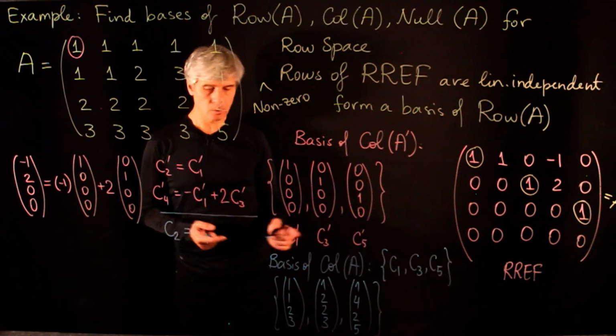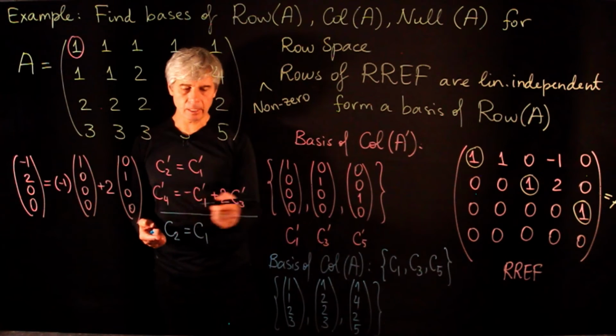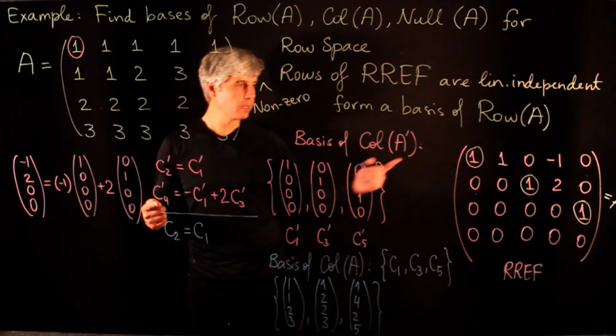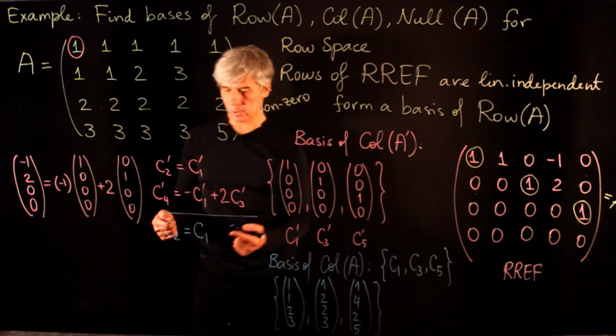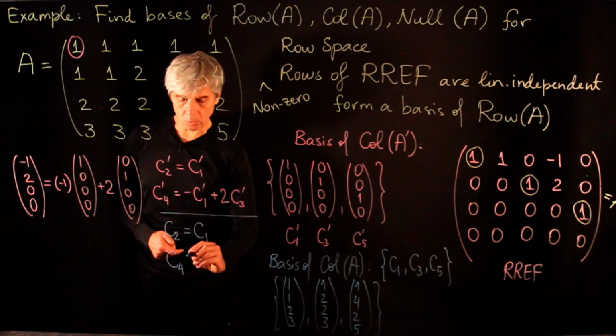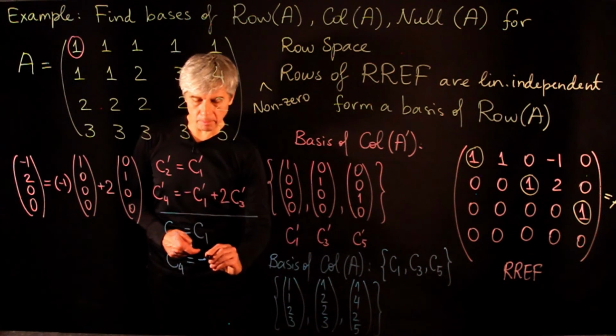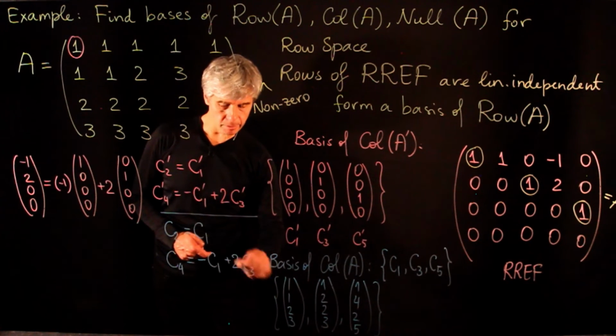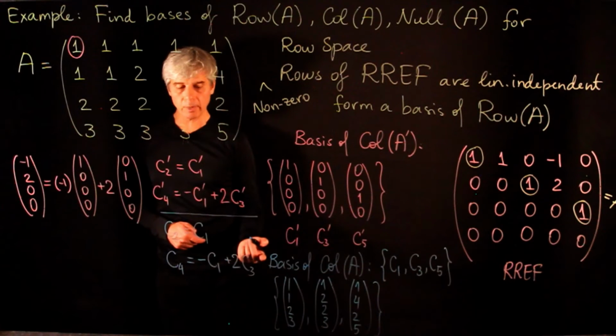There is also a linear dependency between columns 4, 1, and 3 in the final matrix, so the same thing holds in the original matrix: column number 4 is equal to minus column number 1 plus 2 times column number 3. This is the prediction of our theorem.